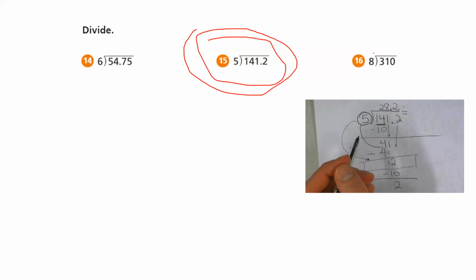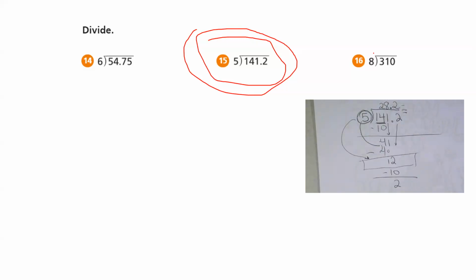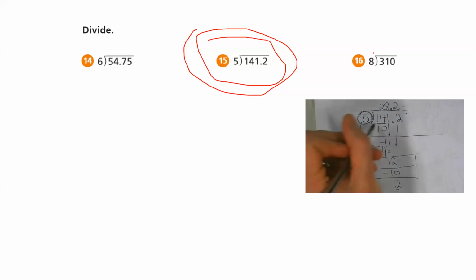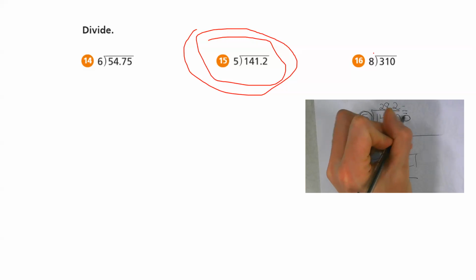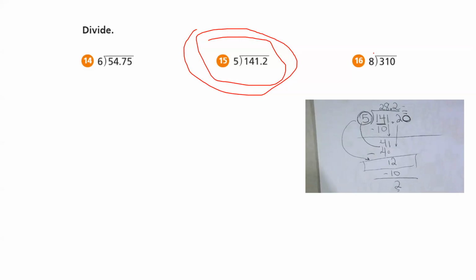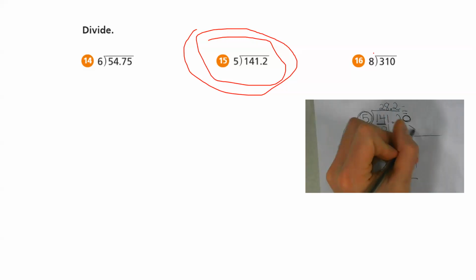You're not going to do a decimal here, and you're not going to tell me a remainder. You're going to say, oh, hold on. I have 2 left, but I have more numbers. 141.2 is the same thing as 141 and 20/100.